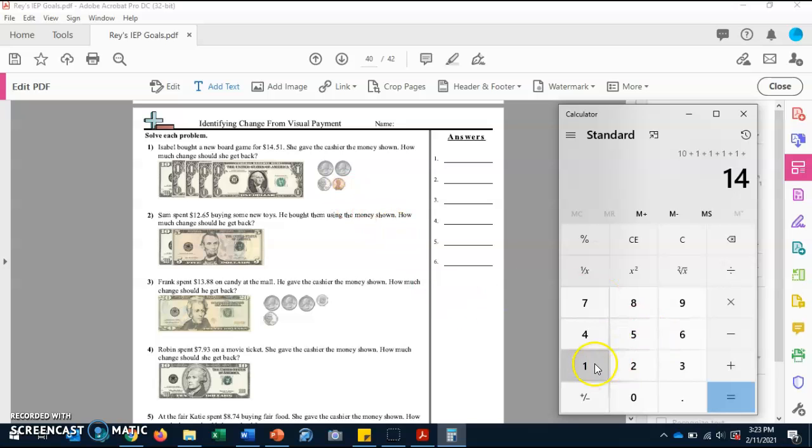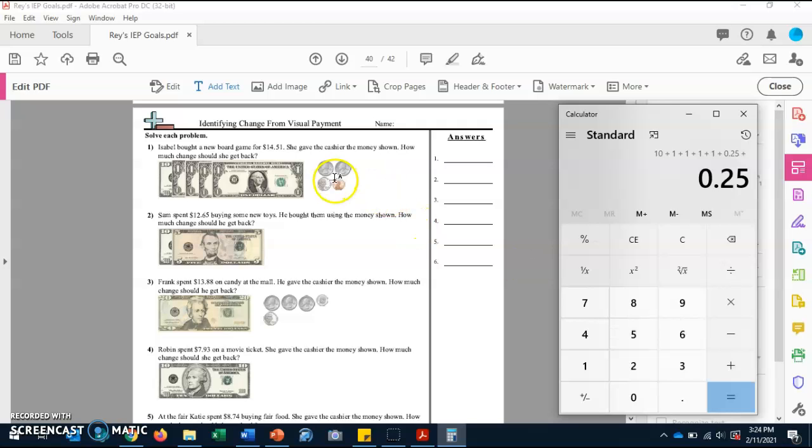So here we know that 2 quarters, a quarter is worth 25 cents, which would be 0.25, and we're going to do this twice because we have 2 quarters.